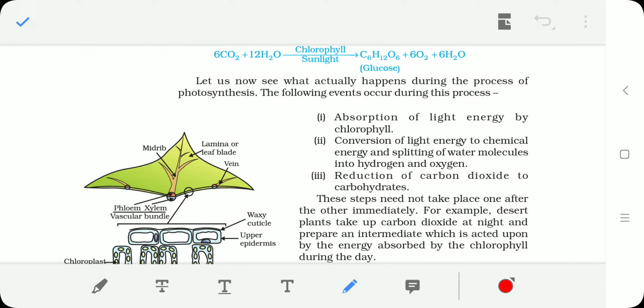The first step is absorption of light energy by chlorophyll. In your everyday life, if you want to make food, first you have all the raw materials, like green vegetables, wheat flour, rice and spices.